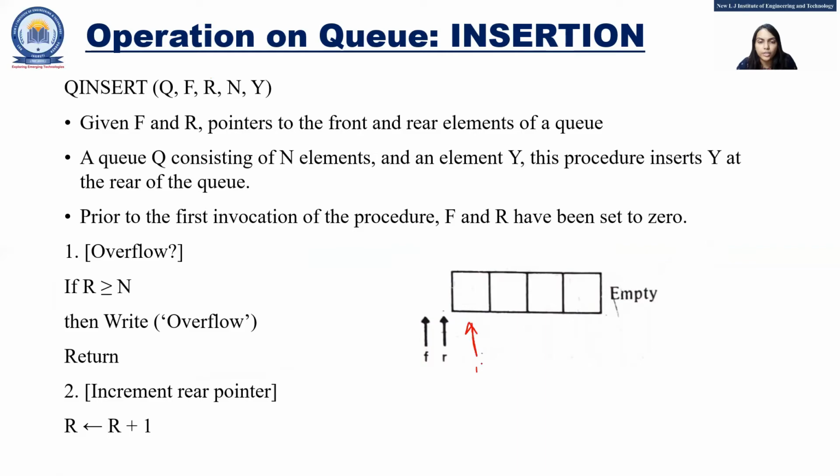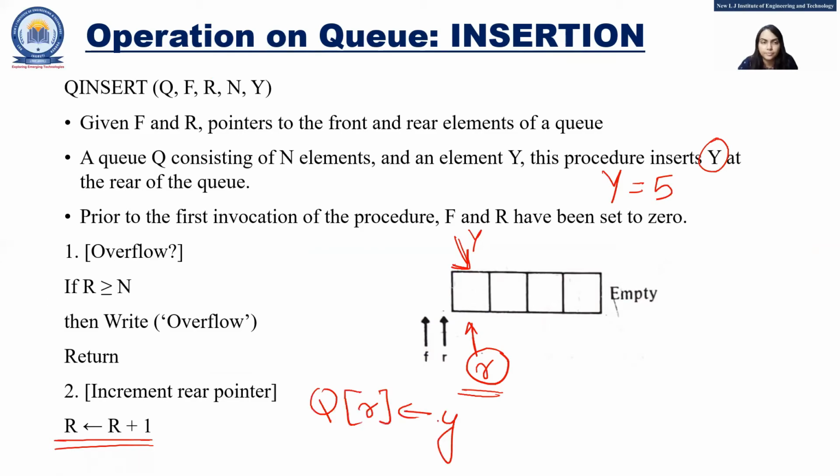So now rear would be over here. So R is R plus 1. We are simply incrementing. Now we will place this Y, because Y has the value. For example, Y is 5. So we need to place this Y wherever this Q is pointing. So at Q of R, we need to place the Y, right?